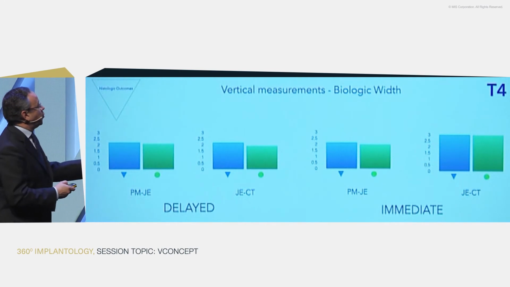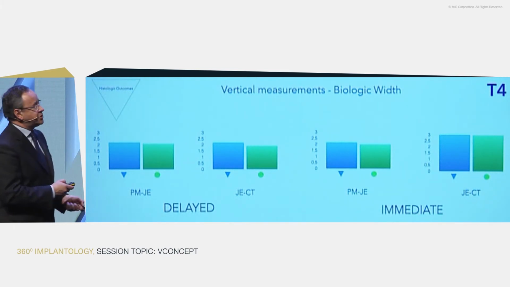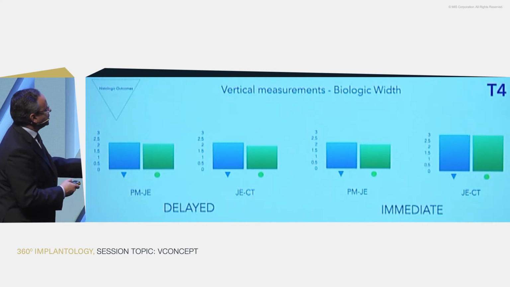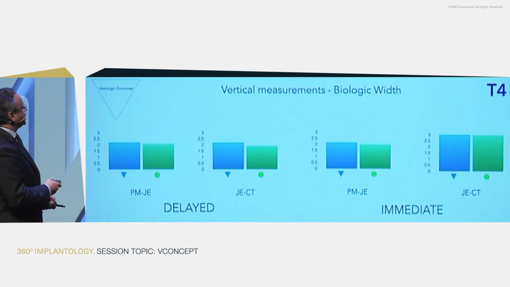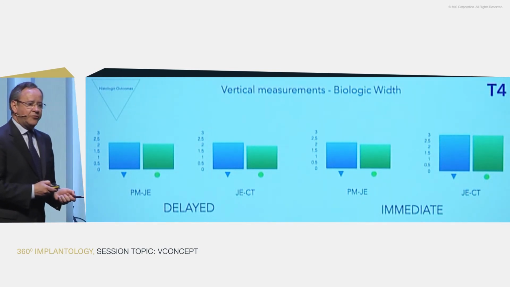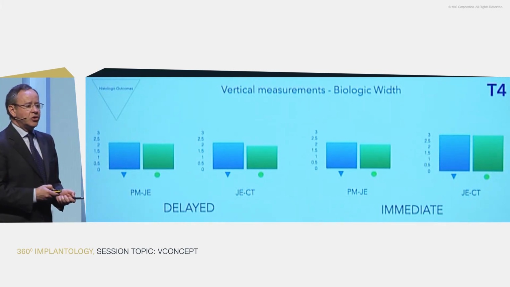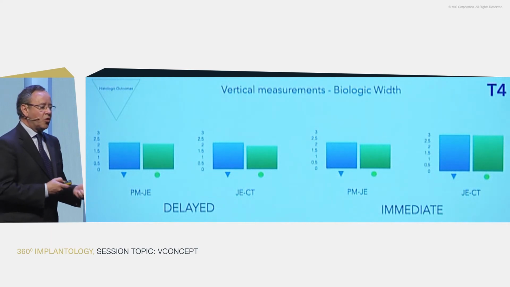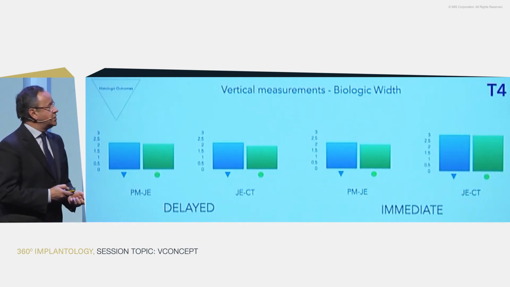The whole biological width measuring between 2 and 3 millimeters has been established. This is the epithelium, this is the connective tissue, and of course the combination of these 2.5 plus 2 will be the biological width. It is very well established in the literature, and I think we have several publications on this, that in the immediate implant situation, you always get about 1 millimeter more of biological width than when you place your implants delayed.